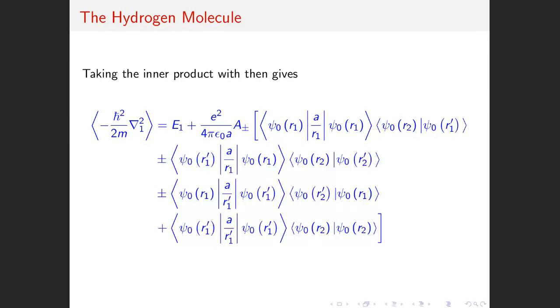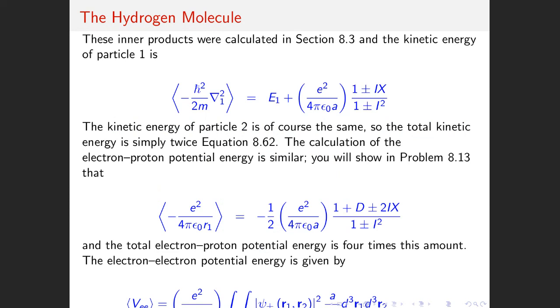The inner product of that Laplacian will give you the E1. It's similar to what we were doing for the ion, but there will again be these integrals which you call exchange or direct, and if you want to write them in terms of those things, I think maybe I give this as an exercise.